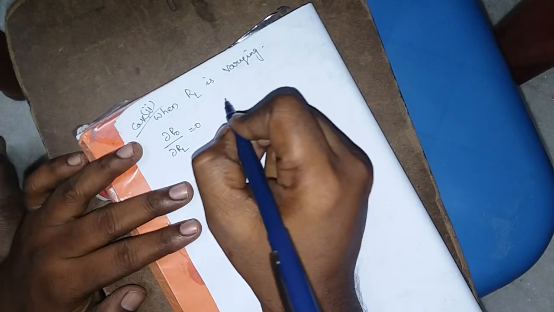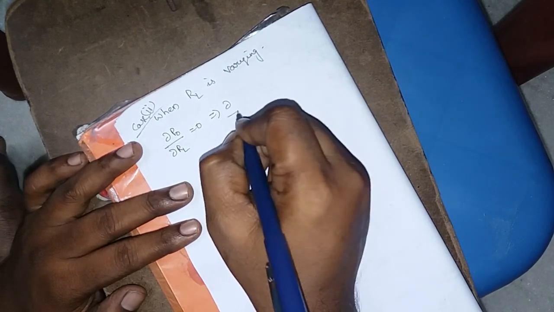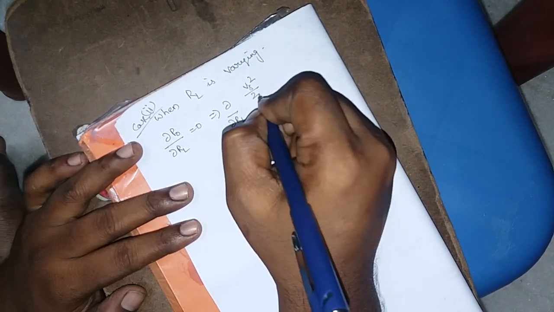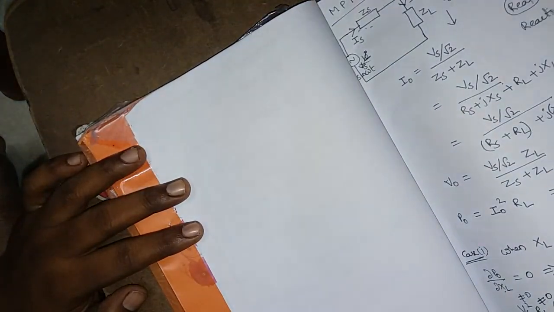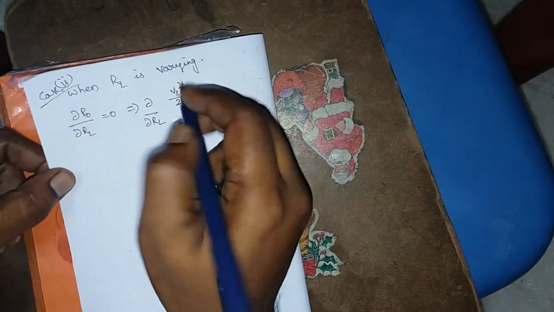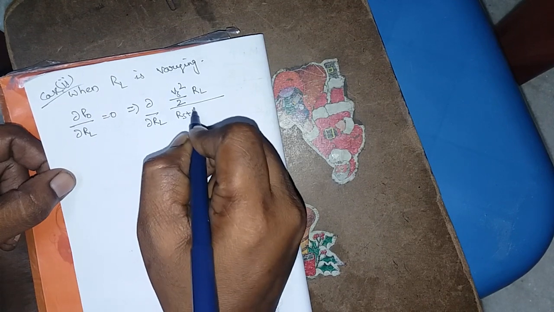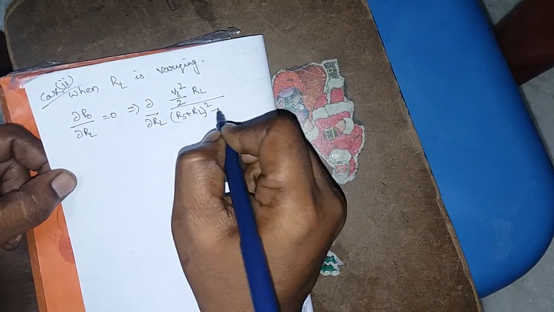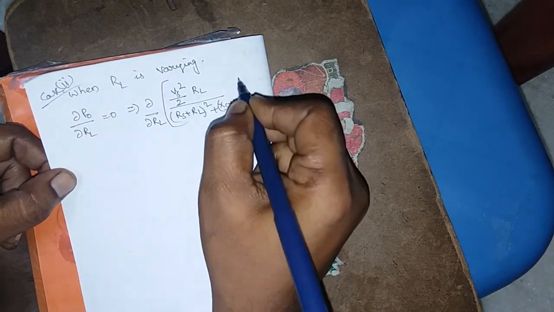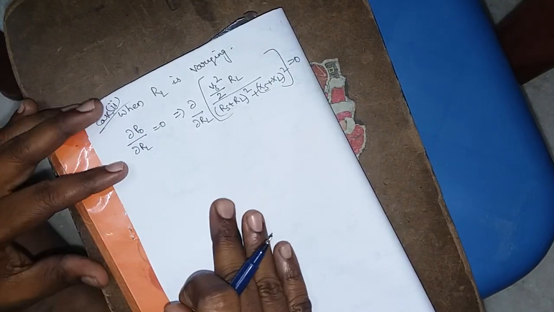What is the equation we have? That means partial by partial RL of Vs squared by 2 into RL, divided by (Rs plus RL) whole squared plus (Xs plus XL) whole squared, will be equal to 0.